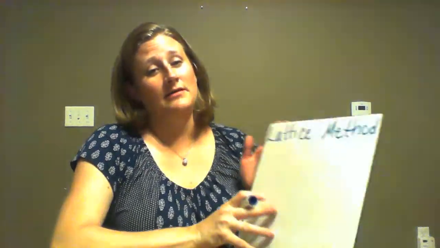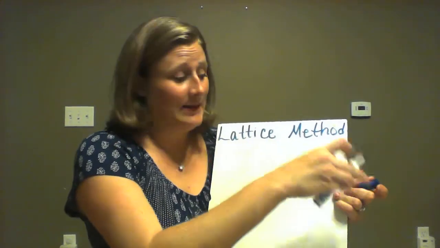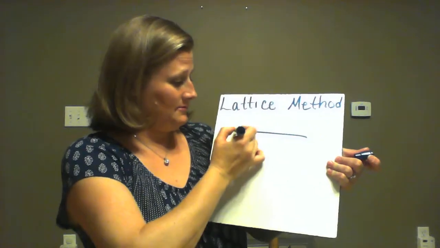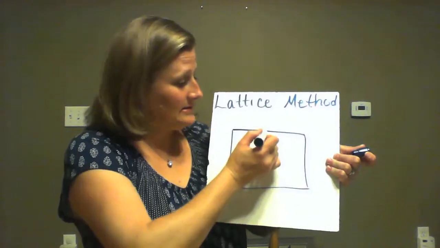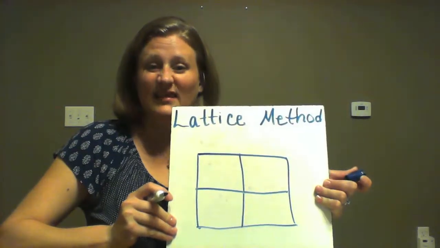For the lattice method, you're going to draw what's called a lattice, which basically is a square that has a cross on the inside. So it should look like that, kind of like a window.